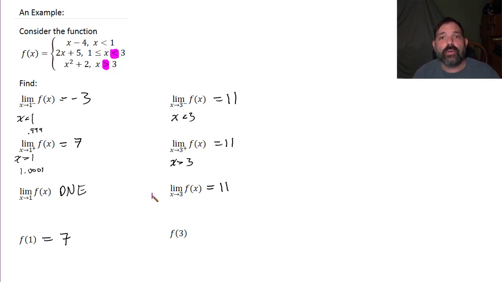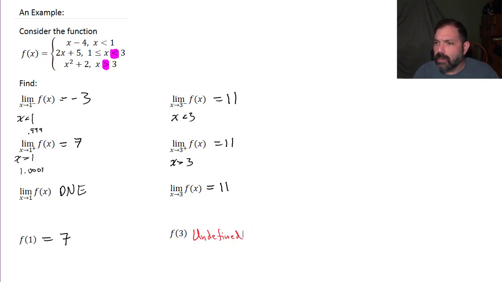This function is never defined if x is equal to 3. F of 3 is undefined. There is no part of this rule that says that there's an output when the input is 3. Now, graphically, we would see this as an open point when x was 3, probably.